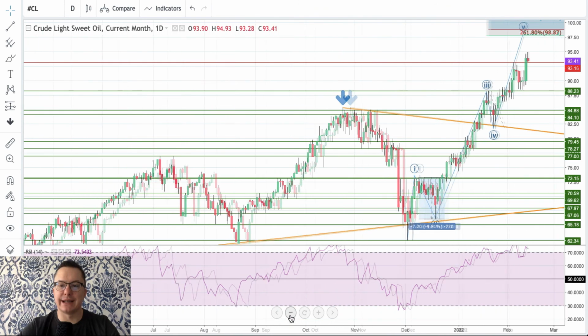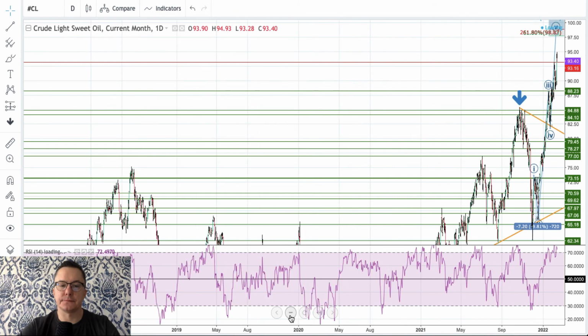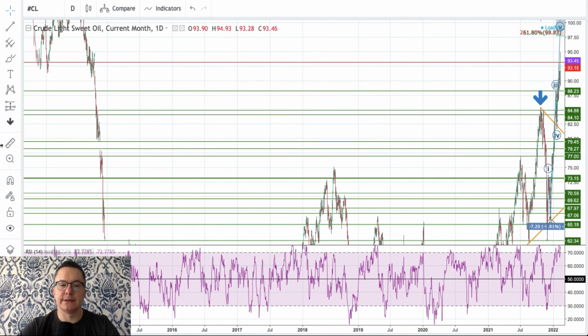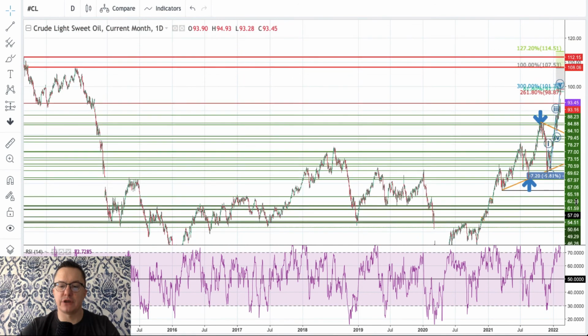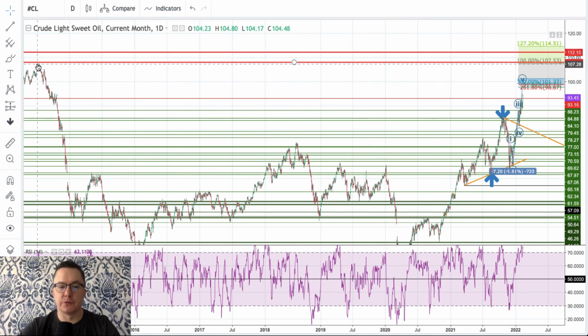As you can see, the last time we got around the level of 93, I'm still scrolling back, is that year here, and this is 2014. So very interesting situation. I guess there's even the zone from the middle of 2014, 108 and 112.